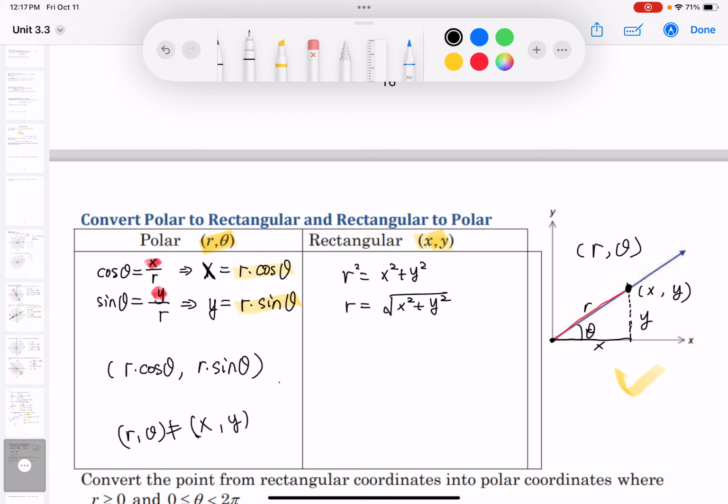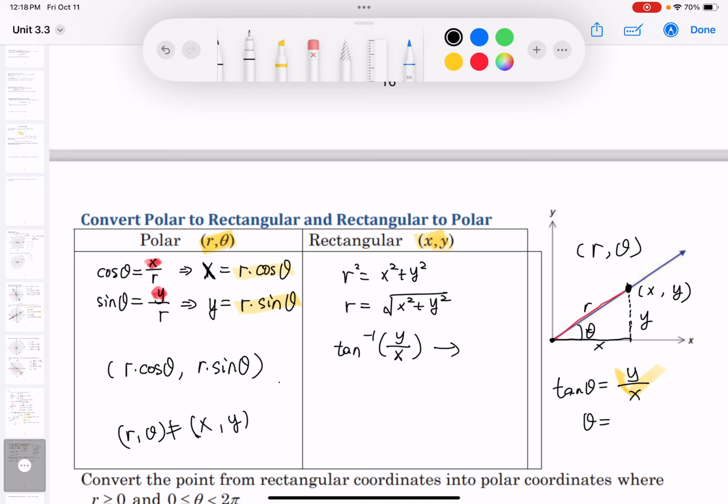Yes, we found our r. How about theta? We can find it from the tangent, because the tangent of theta in the first quadrant is y over x, opposite over adjacent. To find theta, I can use the inverse: the inverse tangent of y over x is the angle we are looking for.